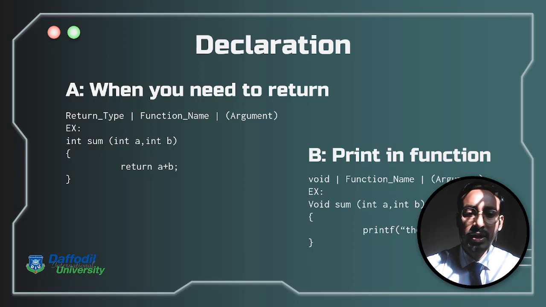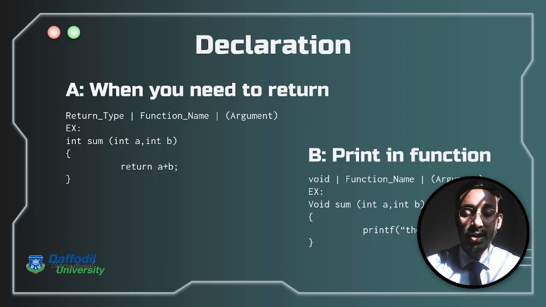In the curly brackets, you write here return a plus b or return something. You can replace a plus b according to your need. Suppose I am doing here sum between two numbers, that's why I put here a plus b. If you need subtraction between two numbers, you just change here a minus b.